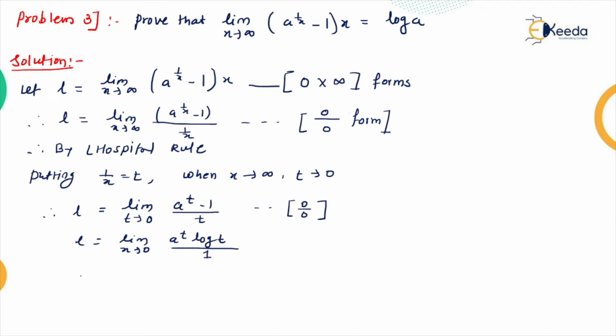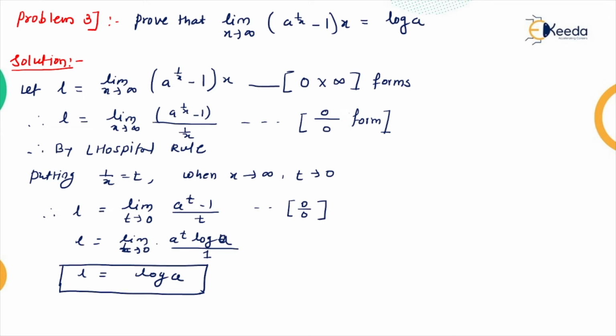Now this is not 0 by 0 or infinity by infinity, not an indeterminate form, so I operate the limit directly. With t tends to 0, we get a raised to 0 into log a, which is log a. I hope you understand this problem number 3 also.